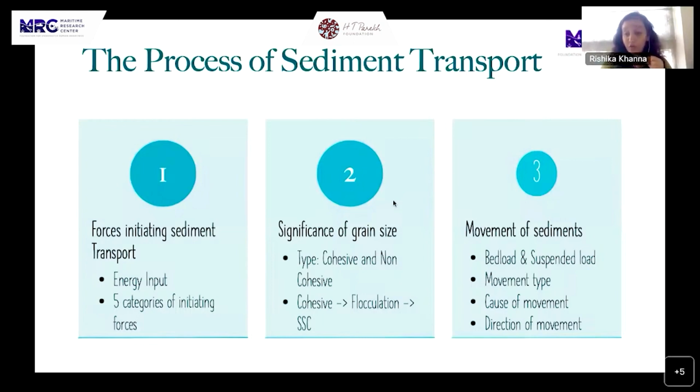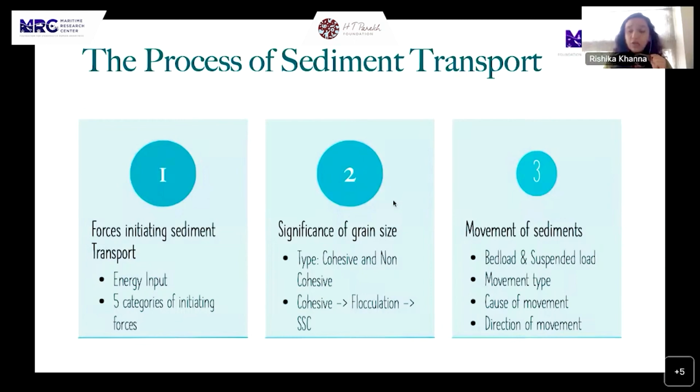Moving on to the movement of sediments, sediments generally move either as bed load or suspended load. The bed load consists of coarser grain particles like sand or gravel, which belong to the non-cohesive category, and while moving, they move via rolling or sliding, remaining in continuous contact with the bed, while they jump along the bed in a series of low trajectories.